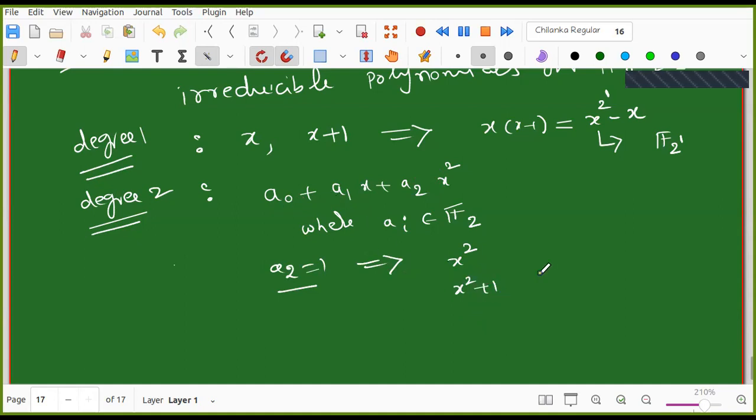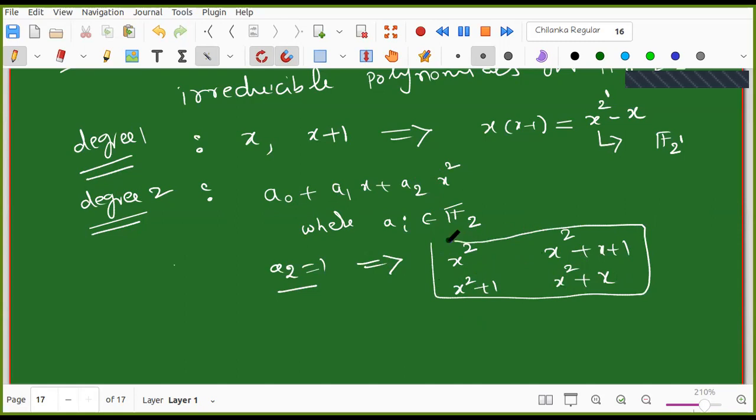So can somebody tell me the other? x square plus x plus 1, what is missing? x square plus x, correct? These are the 4 polynomials of degree 2, right? Now out of these, how many of them are irreducible?